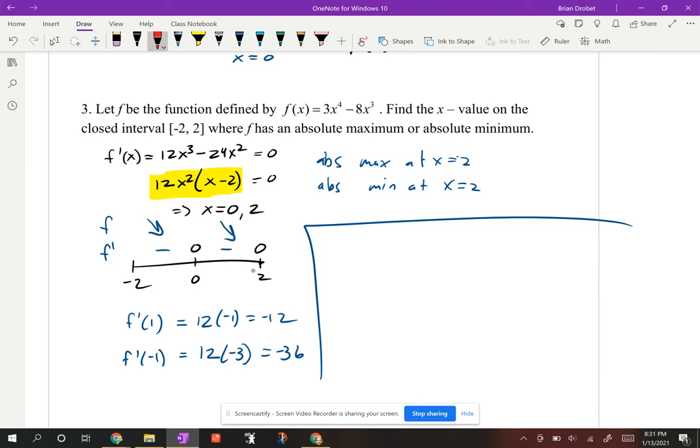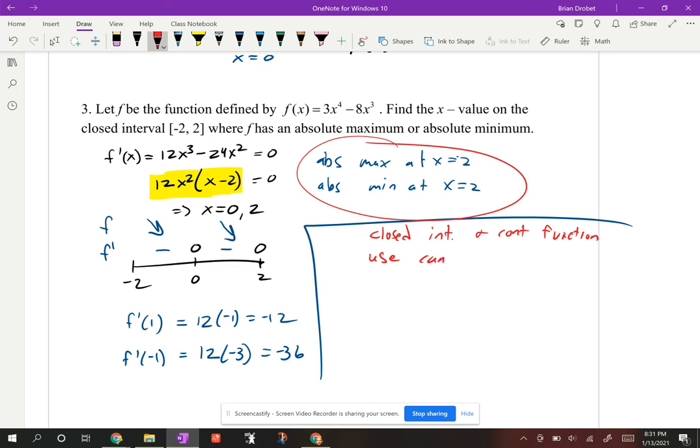So when you're on a closed interval and you have a continuous function, you can use, so this is an alternative. This is a great answer and we're done, but this is an alternative way.